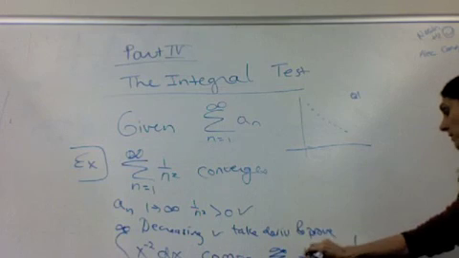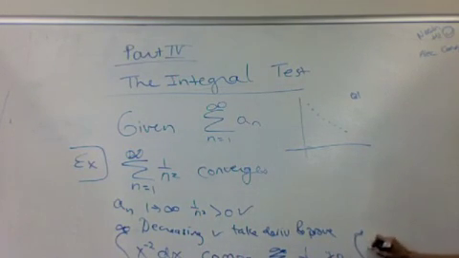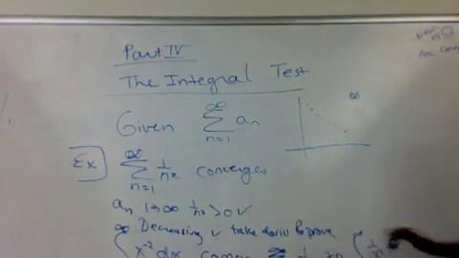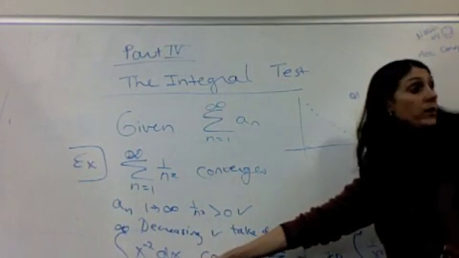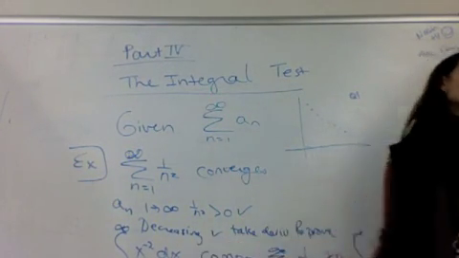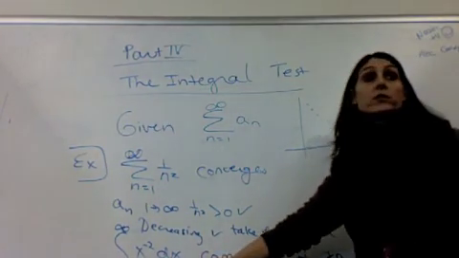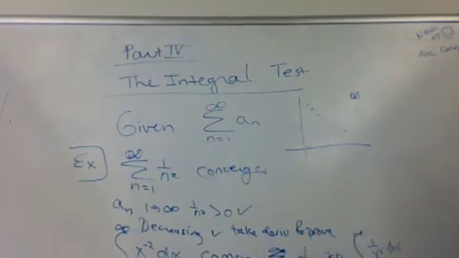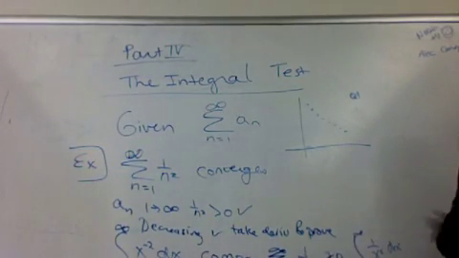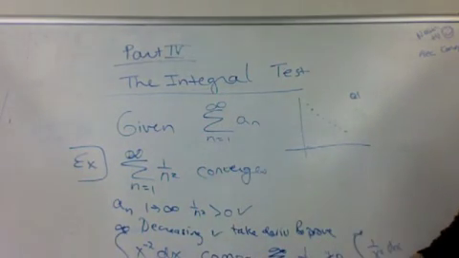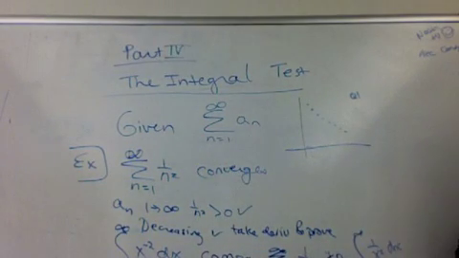The integral from 1 to infinity of 1 over x squared dx. And then you just have to take the antiderivative of this and prove, using your limit notation that we talked about last class, that it converges. And you guys can do that. Then you just take the limit, and since this converges, this also will converge. That's the lesson.